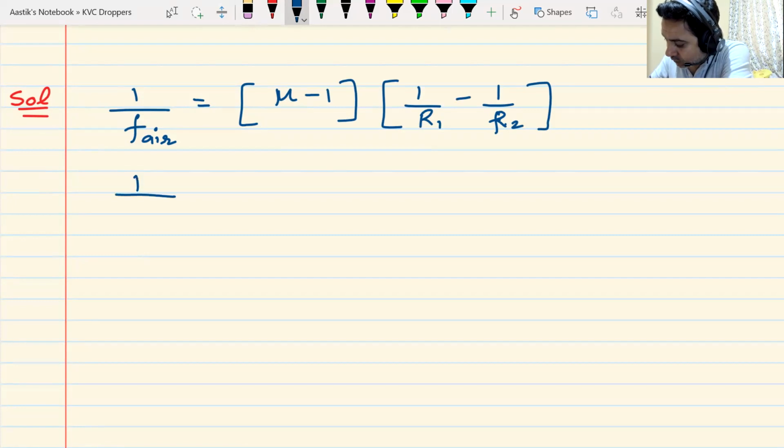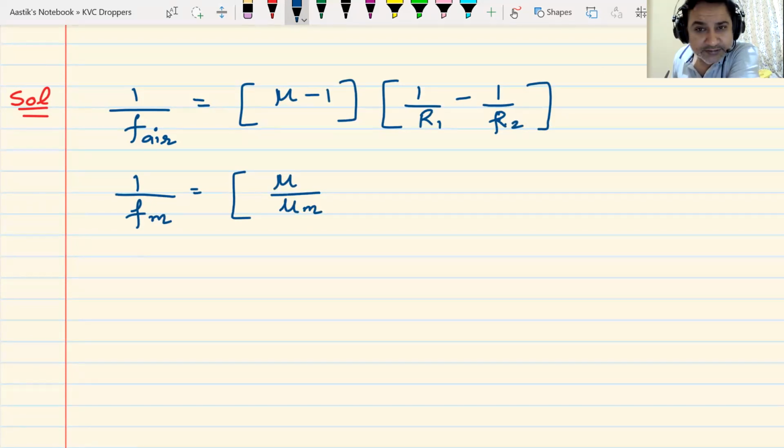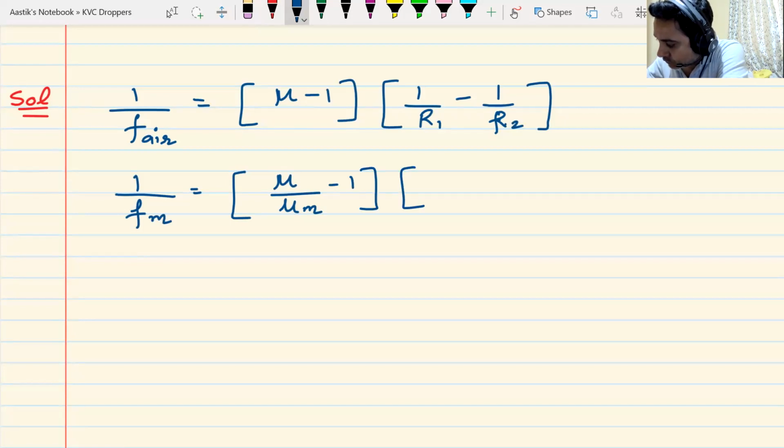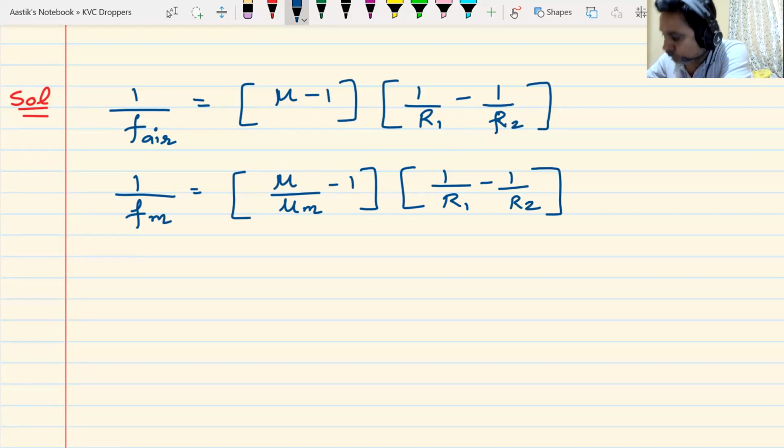Yes, sir. Now 1 by focal length in the medium. Now what will happen in this if instead of mu, you will have mu divided by mu of medium. Yes or no? Yes, sir. Minus 1 into 1 by R1 minus 1 by R2.